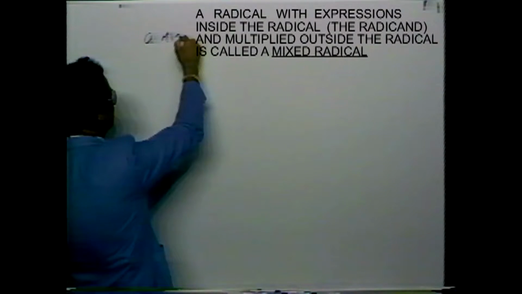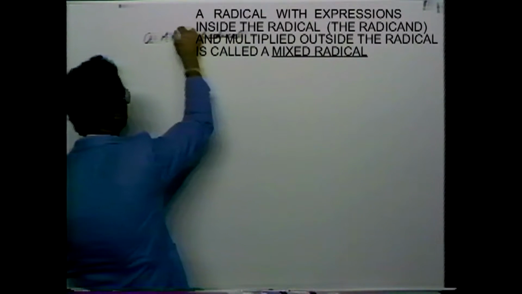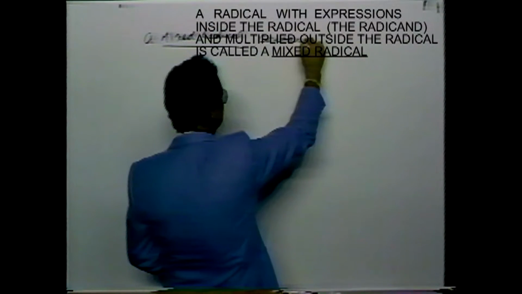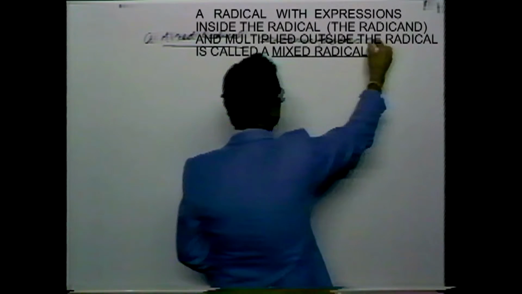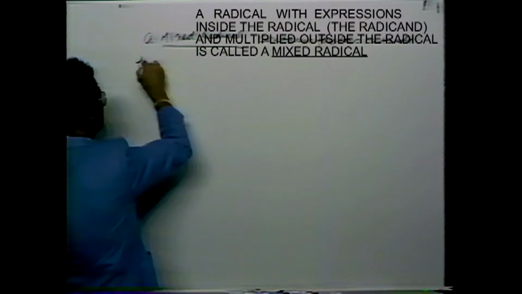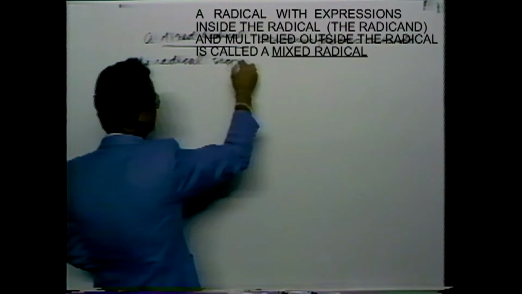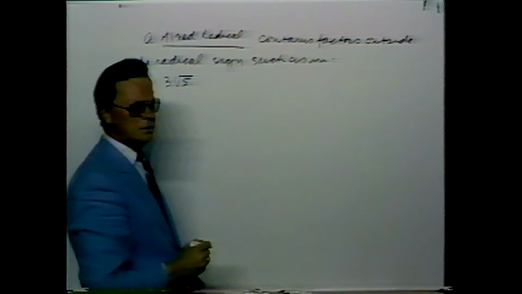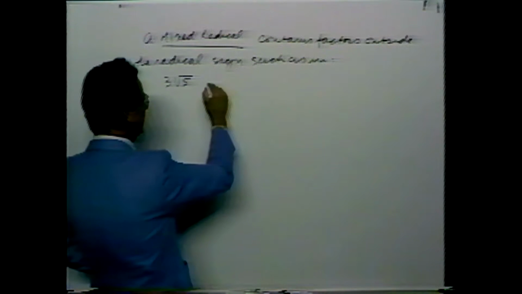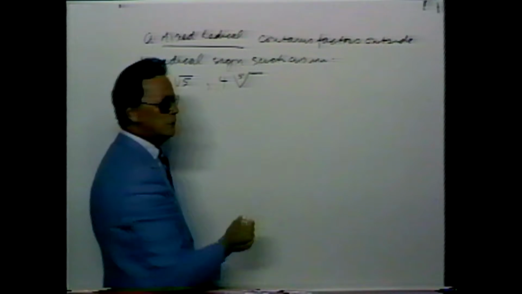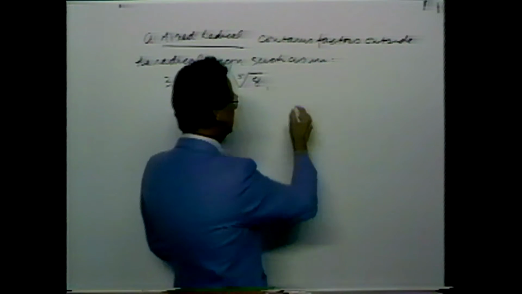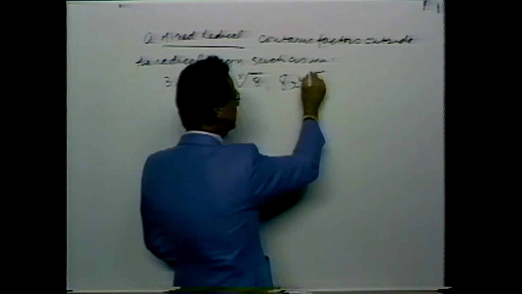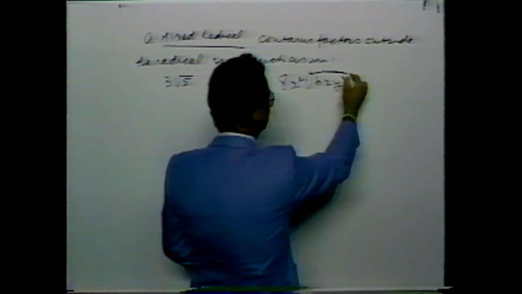A mixed radical is an expression with factors outside the radical sign, such as in 3 square root 5, 4 fifth order root of 8, 8x squared fourth order root of 6xy cubed, and so on.